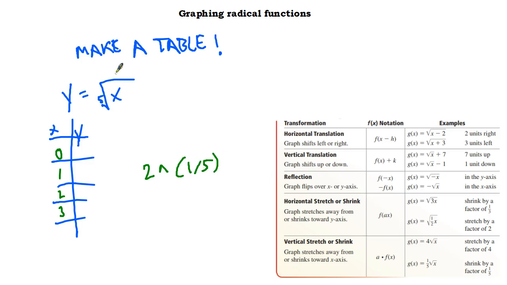Or if you have the fifth root button on your calculator, you could just use that. And for this particular table, since it's an odd root, you might want to try -2, -3, -1, -4, and then see what happens when you take the fifth root. You'll see what the corresponding y values are.